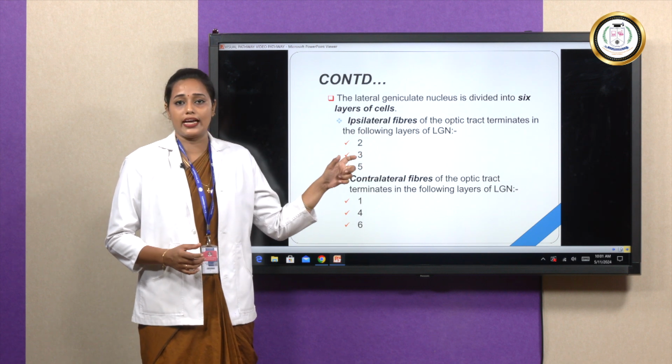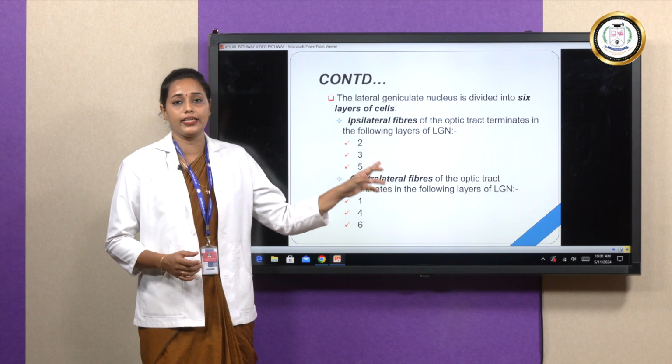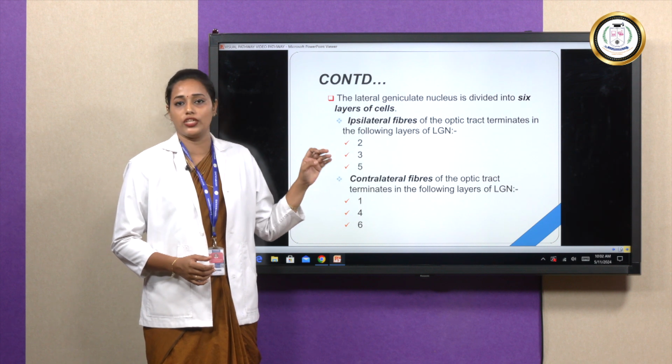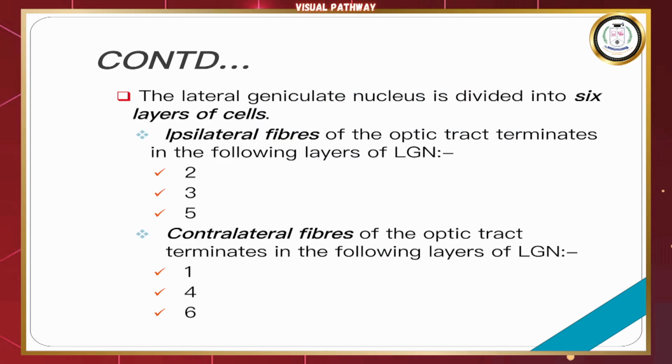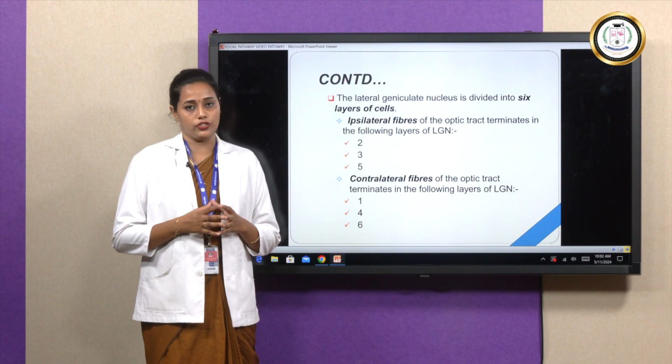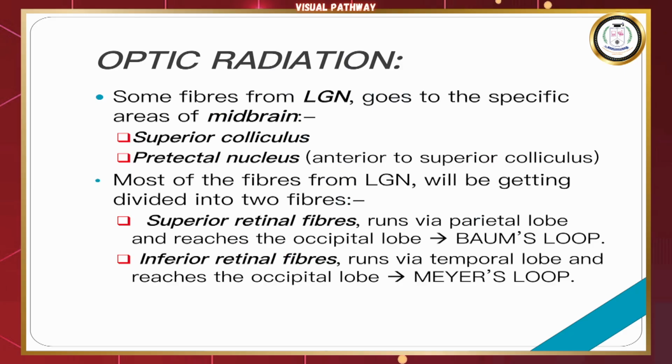These ipsilateral fibers will be terminating in the second, third and the fifth layer of lateral geniculate nucleus, and the contralateral fibers of the optic tract will be terminating in the first, fourth and the sixth layer of lateral geniculate nucleus.